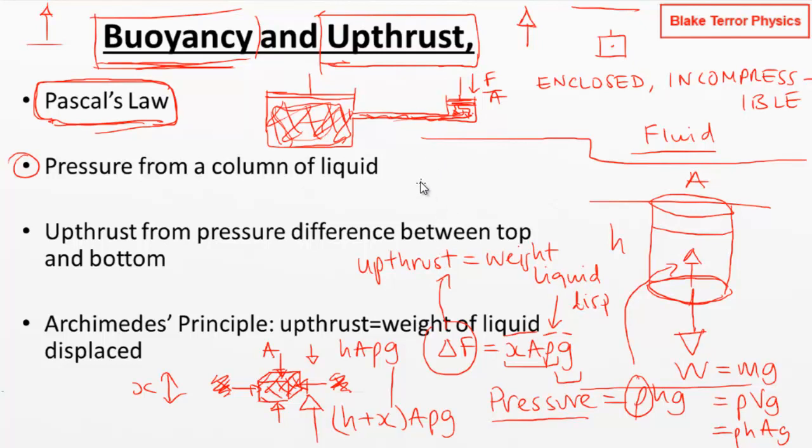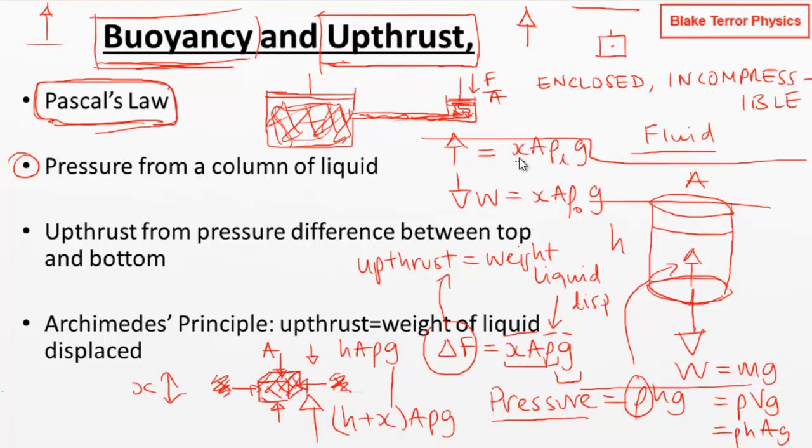Now this isn't always going to be enough to stop it from sinking. If the object is more dense than the liquid, then the weight is still going to be greater, because we've got a battle of densities going on here. So the weight acting down of the object is going to be x times A times rho of the object multiplied by g, and the upthrust is equal to x times A times the density of the liquid multiplied by g.